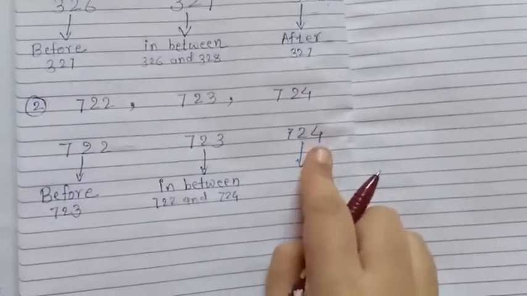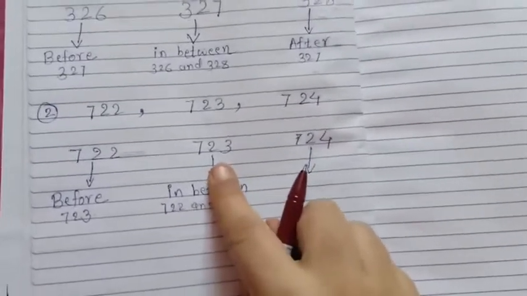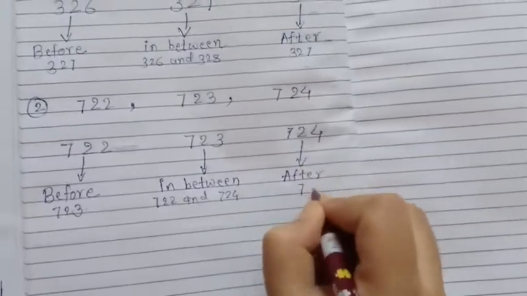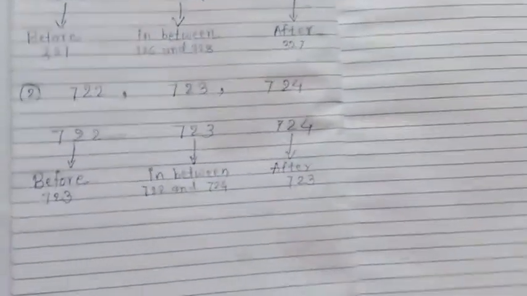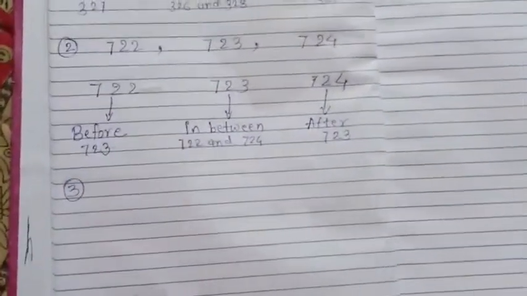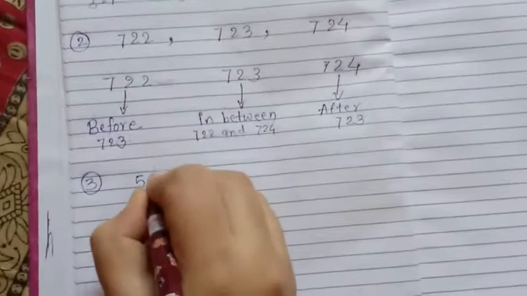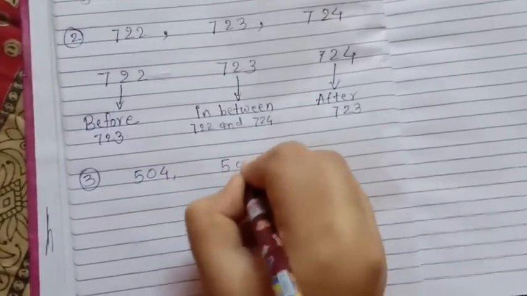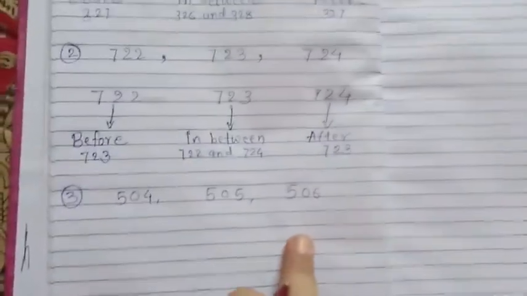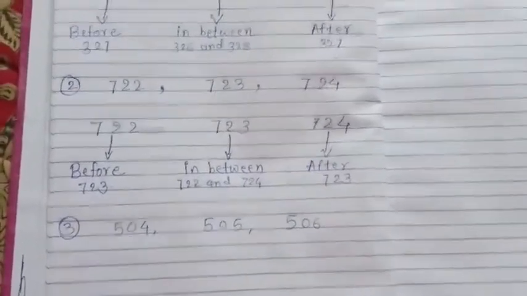And 724 is after 723. So write like this: after 723. Now one more example that you have to do by yourself: 504, 505 and 506. This example you have to do yourself in your notebook.